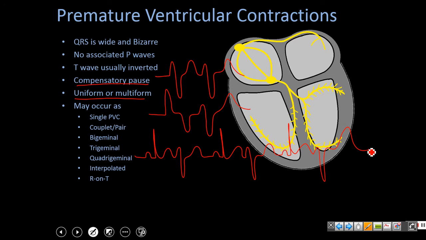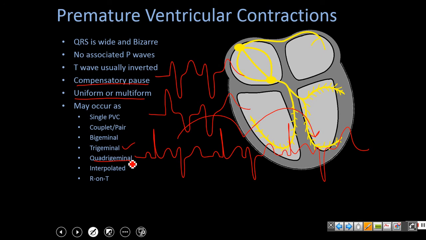So every other beat is a PVC. That's bigeminal PVCs, or ventricular bigeminy, you can call it. Trigeminal PVCs would be every third beat, and quadrigeminal PVCs would be every fourth.